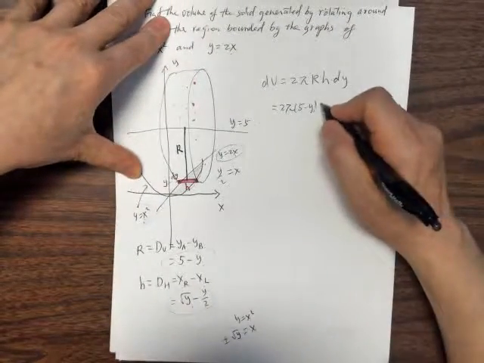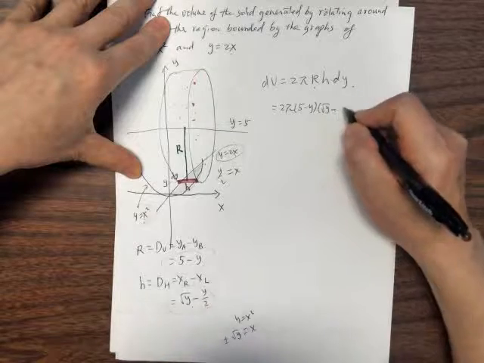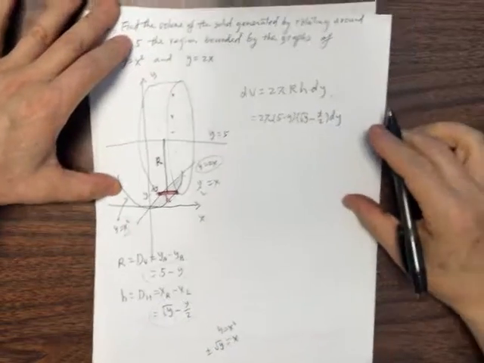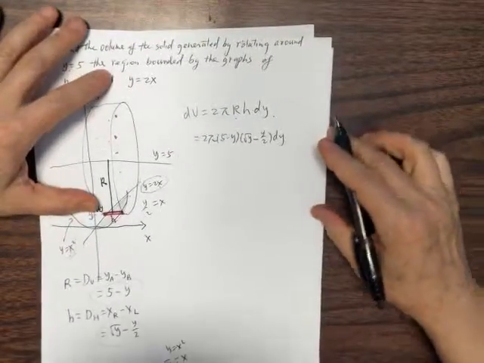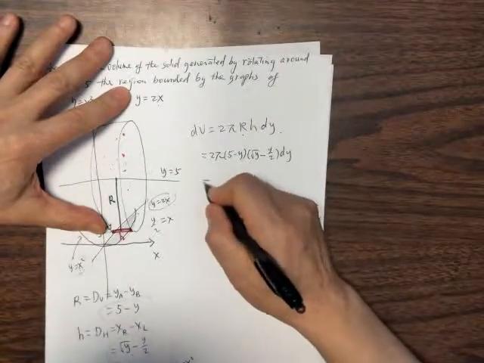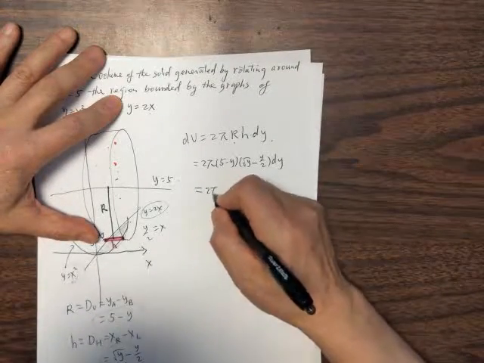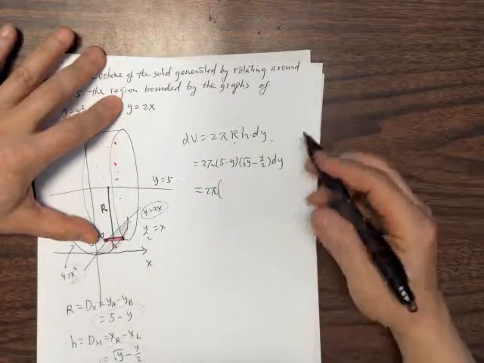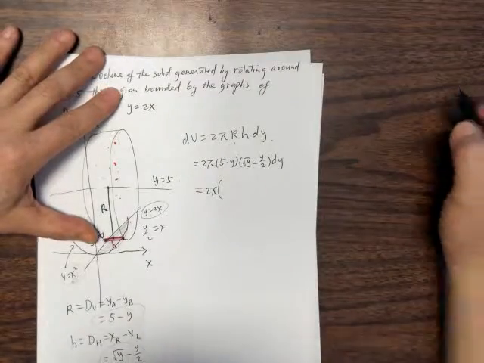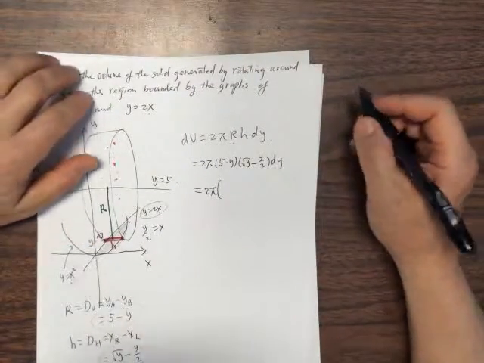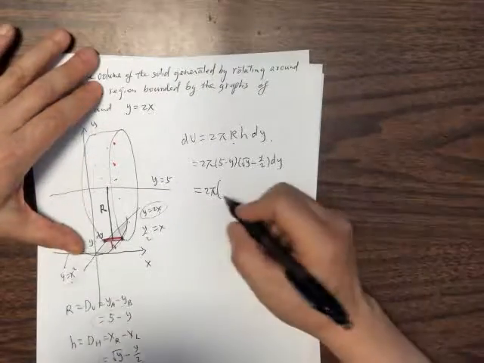Here we plug in, so it's the square root of y minus y over 2, dy. All right. Now simplify before we add them up, before we set up a definite integral.